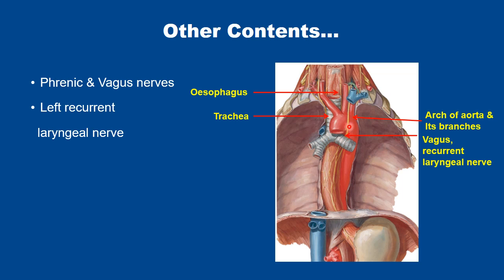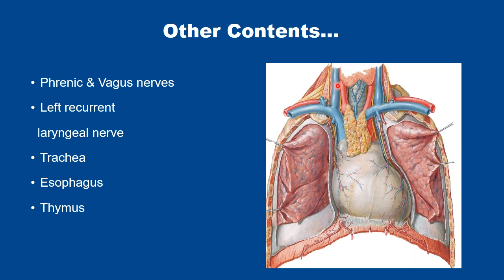Here we can see this is the left recurrent laryngeal nerve and the vagus nerve, and the trachea over here, then the esophagus, here we can observe this is the esophagus, and the thymus gland, here this is the thymus gland.